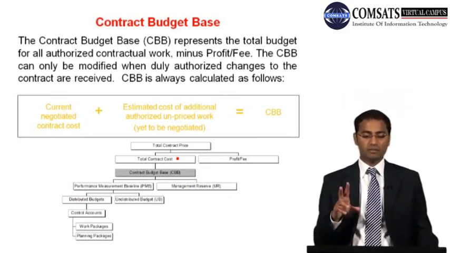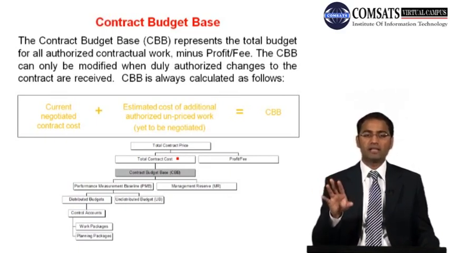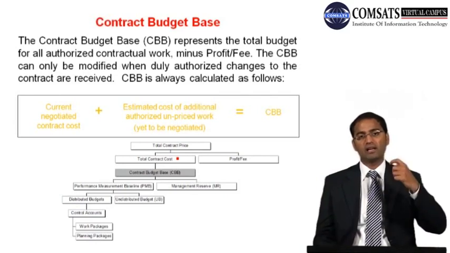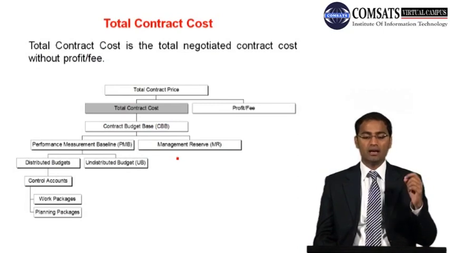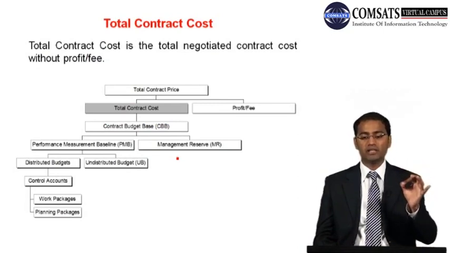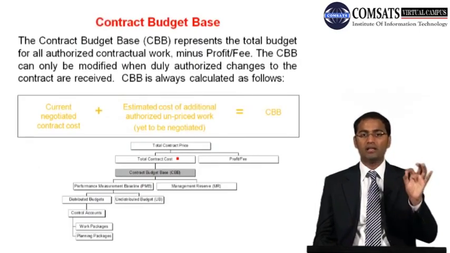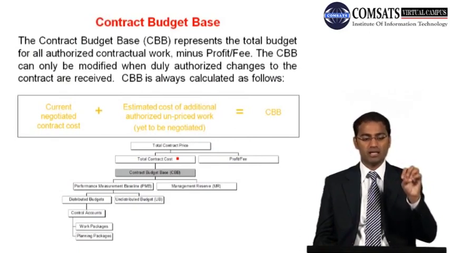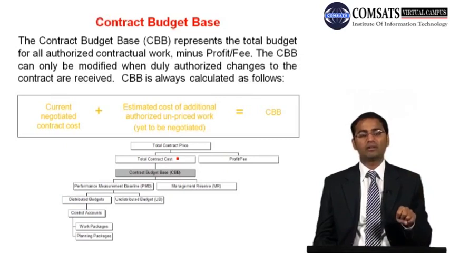So there is a difference between contract cost and contract budget base. Now what is the difference? If you go back to this slide, contract cost is the total negotiated contract cost, and CBB includes the total current negotiated cost plus estimated cost of unauthorized unpriced work yet to be negotiated.